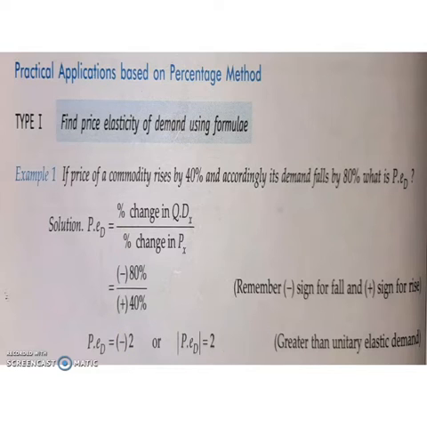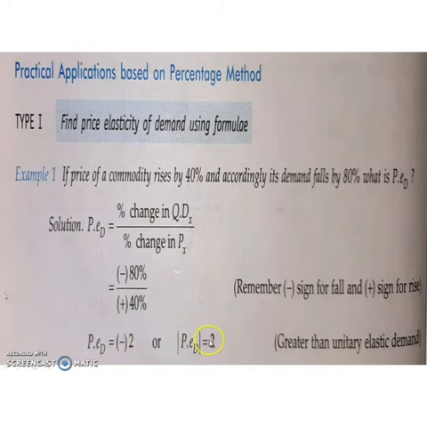Why? Because there is a negative relationship between price and quantity demanded. That's why the price elasticity of demand is always showing a negative sign. Okay. Then we have to put it in the two line. We need not write any sign. So you have to write 2.